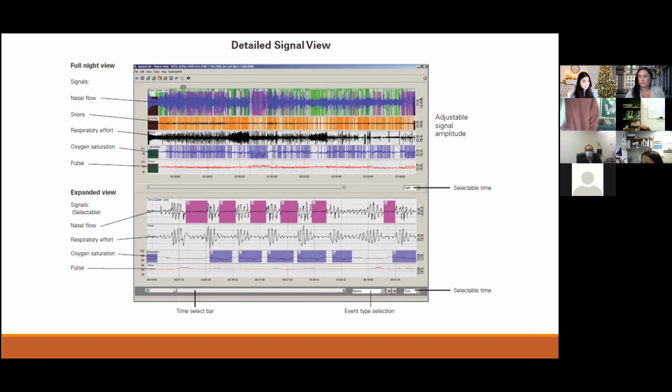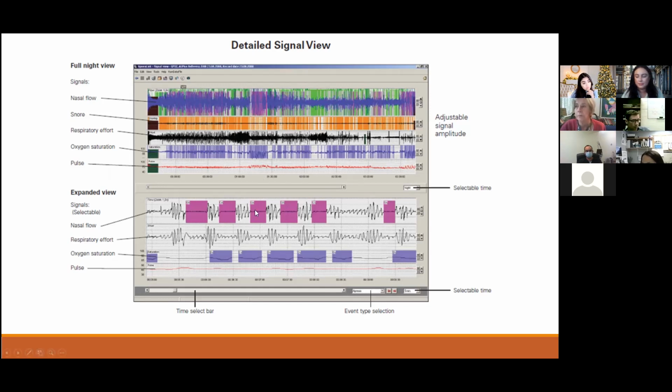And then they'll have a little canister, almost looks like supplemental oxygen, in their nose that measures airflow. Essentially, we look at their airflow, respiratory effort, and pulse ox throughout the night, and we'll identify respiratory events that way. So they might just wear this in their home to make the diagnosis of obstructive sleep apnea.